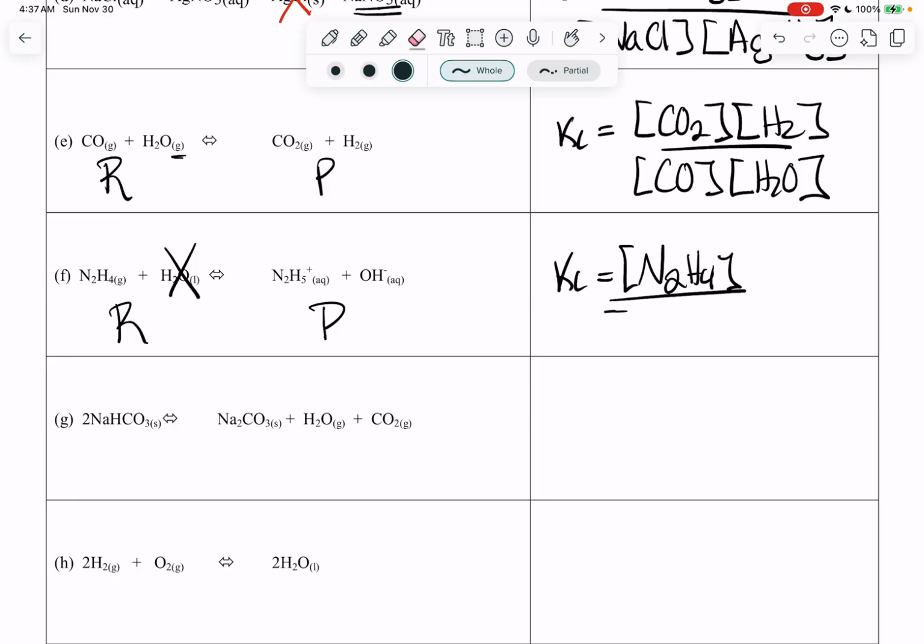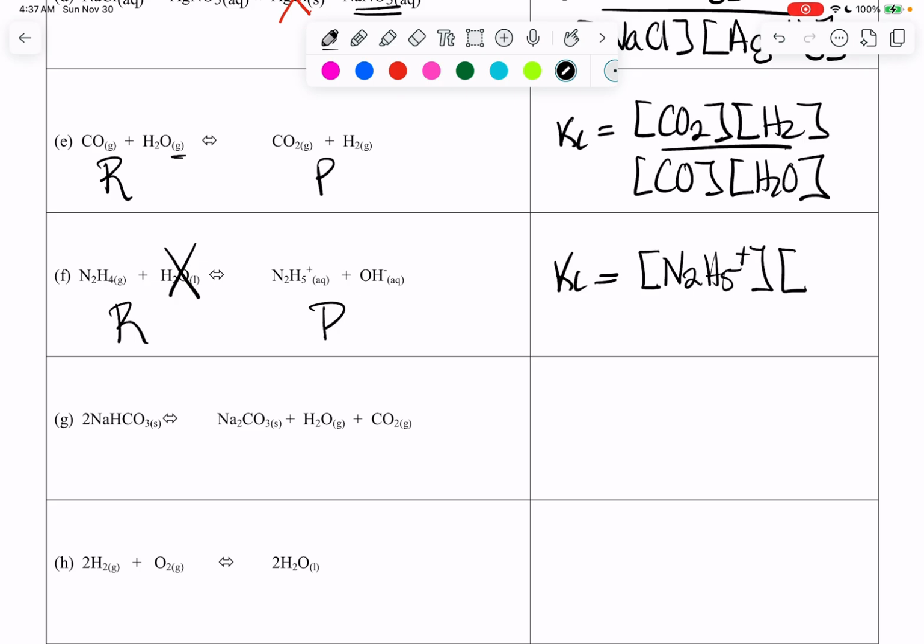Nope, that was wrong. It's the products that I put on the top. N2H5 times the concentration of OH minus. We're just assuming an imaginary 1 there because there are no coefficients, all divided by N2H4.